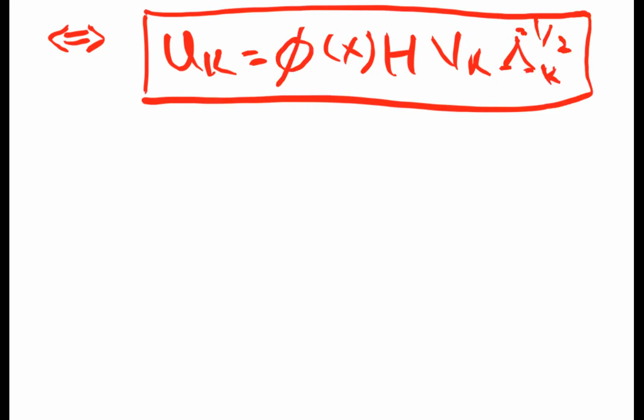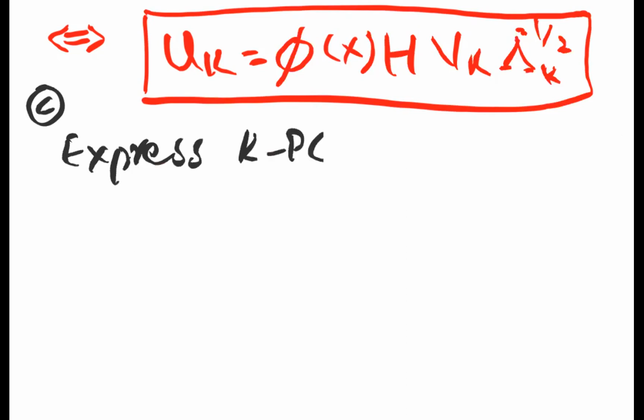Now we are going to task C, which is that we want to express the kernel PCA scores, which are called S_k.